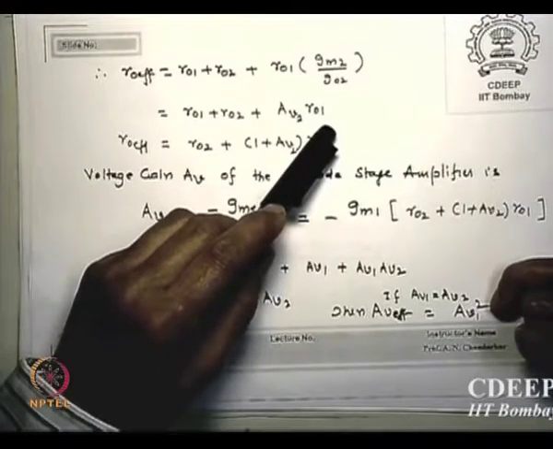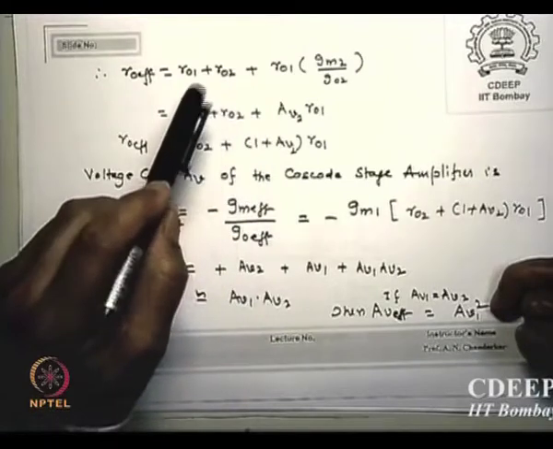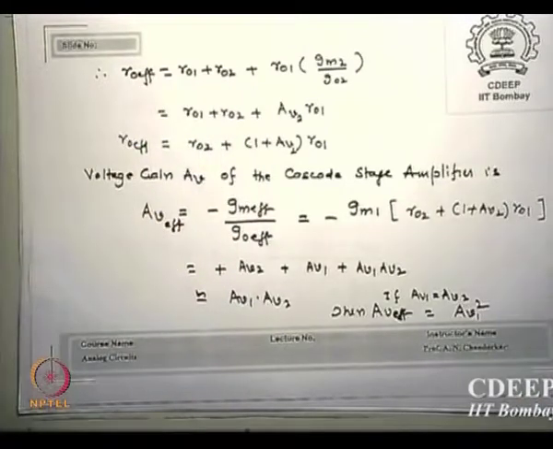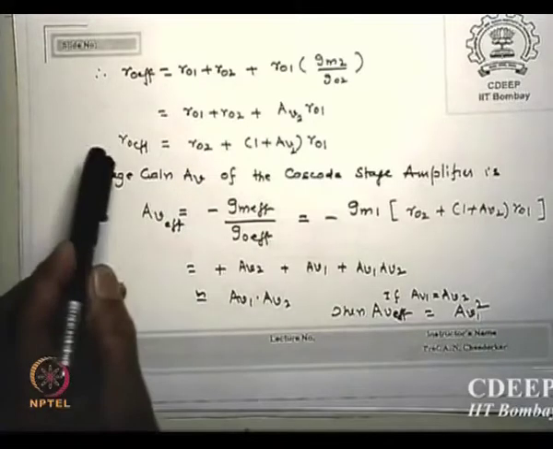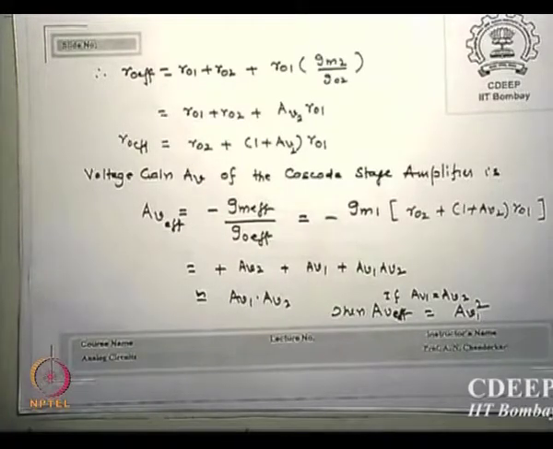Is that correct? If AV is large enough, how do I make AV large? By increasing the W by L of those transistors or by increasing the currents, okay. If I increase AV sufficiently, which I can, then RO effective is how much? 1 plus AV times RO1 plus RO2, and if the gain is say 50 or 100, how much is RO effective? 100 times RO1.